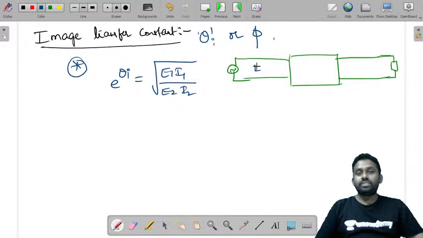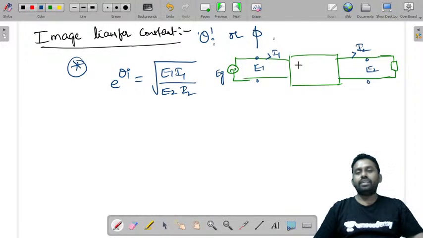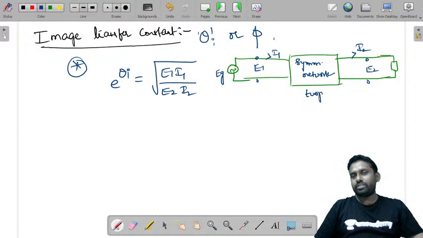The voltage here is E1, the current is I1, this current is I2, and the voltage at this point is E2. This is a symmetrical two-port network.